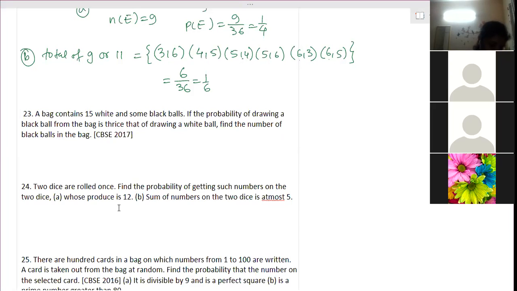Ma'am, I didn't understand the meaning of the B part. At most 5 means maximum 5. That means 5 or less than 5. All the possibilities.